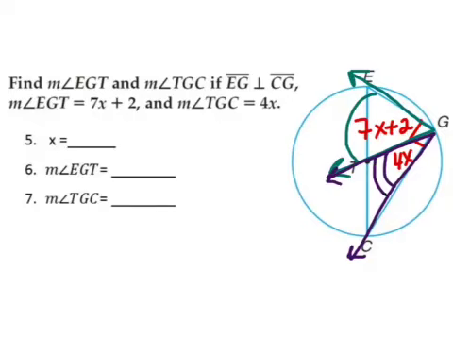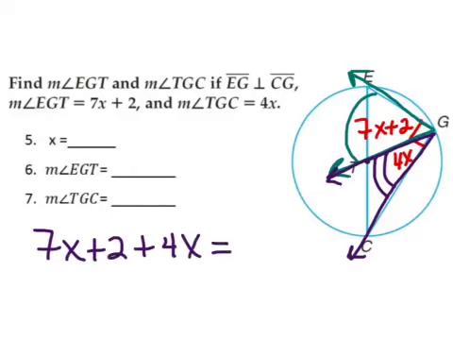Let's combine these two expressions in terms of x and set it equal to 90 degrees, since we know that EG is perpendicular to CG. So let's set up our equation. 7x plus 2 plus the 4x is equal to 90 degrees.